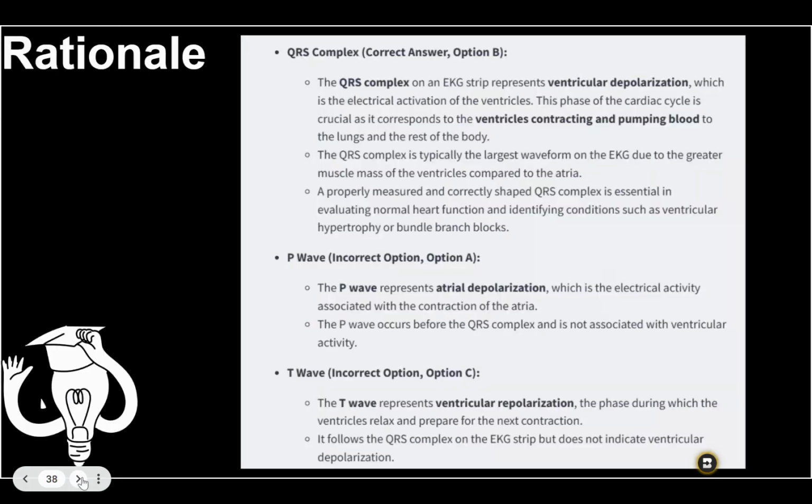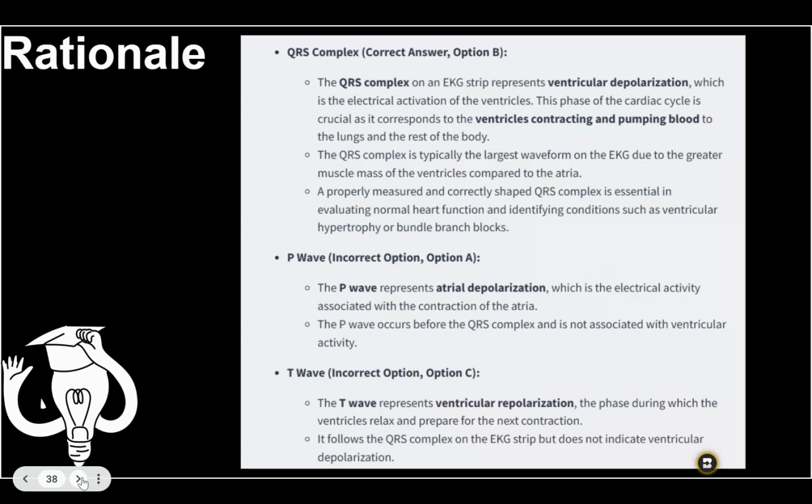Now, the QRS complex on the EKG strip represents ventricular depolarization. This phase of the cardiac cycle is crucial as it corresponds to the ventricles that contract and pump blood to the lungs and the rest of the body.